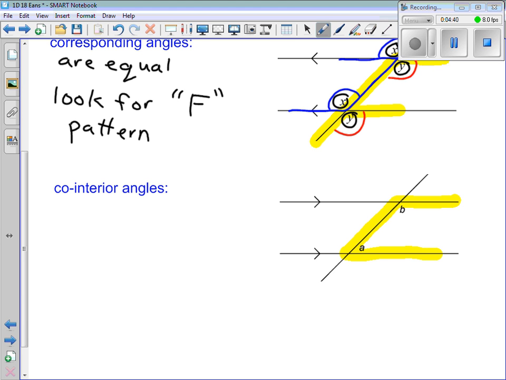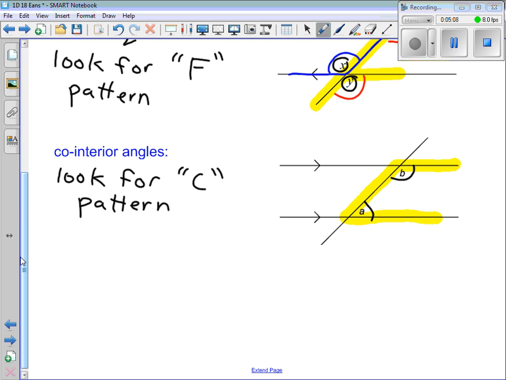The two angles that are co-interior are inside that letter C. So let's say look for the C pattern. Okay. What do we know about co-interior angles? Well, those two angles that are inside that C pattern, so C for co, interior meaning inside, add up to 180 degrees. So A plus B equals 180 degrees.